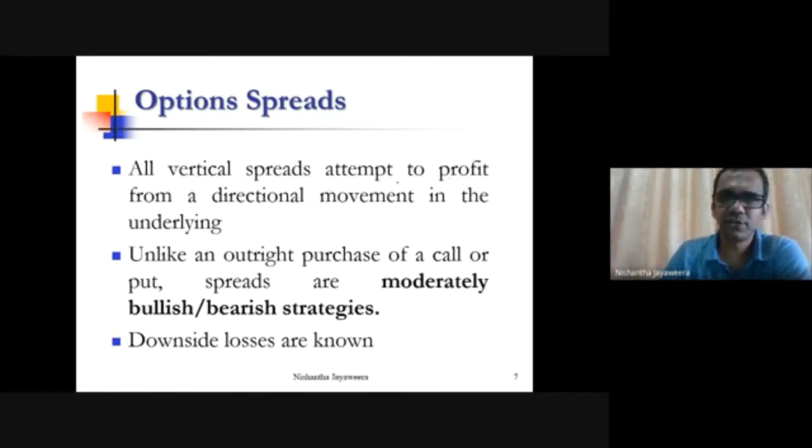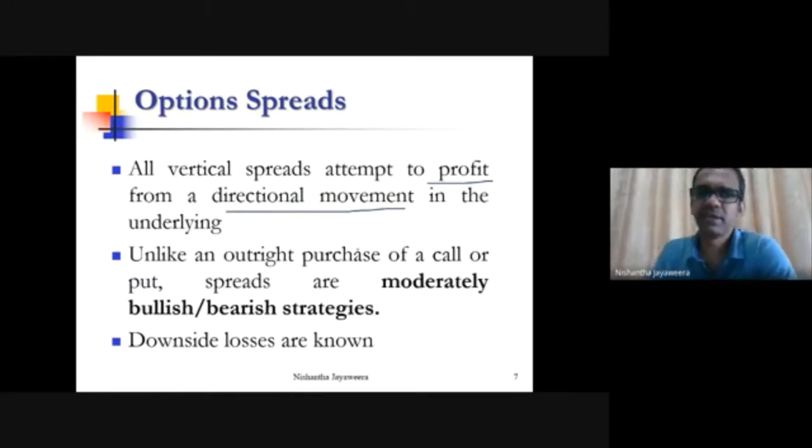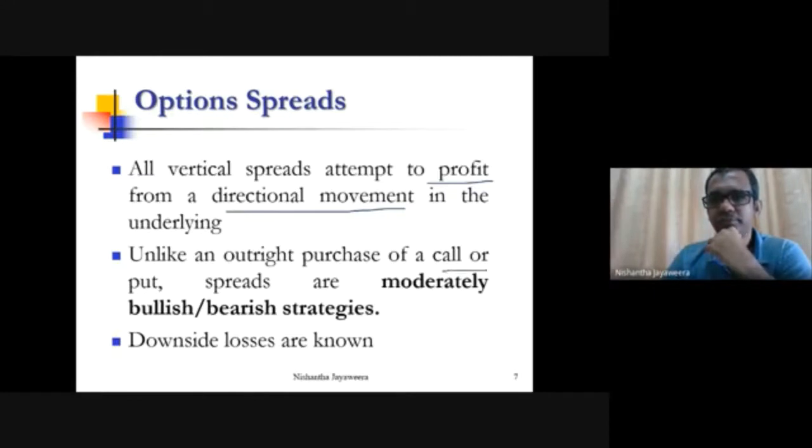In a vertical spread, we try to make a profit with the directional movement in the underlying asset, whether prices are going up or going down. But the difference is, if you just buy a call, what do you think? You assume the price will go up, and you don't have any limit there.